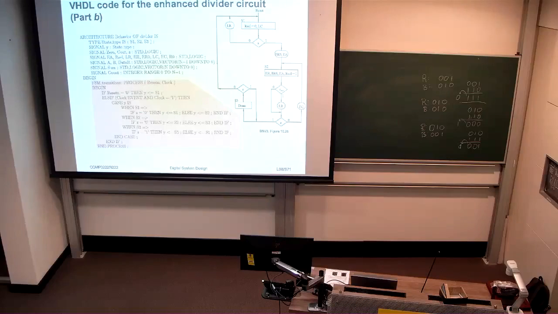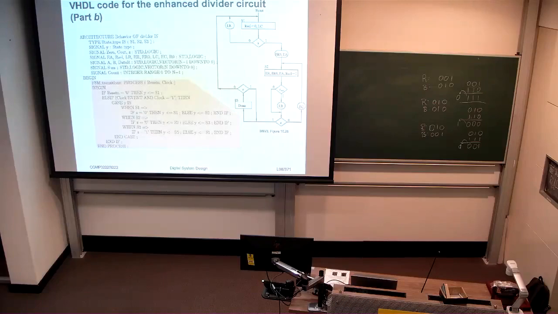Apart from the enumerated state type and the state variable, we have our control signals and our status signals: Z, Cout, and the control signals EA, LR, ER, ER0. We have our A and B register, our data R register.